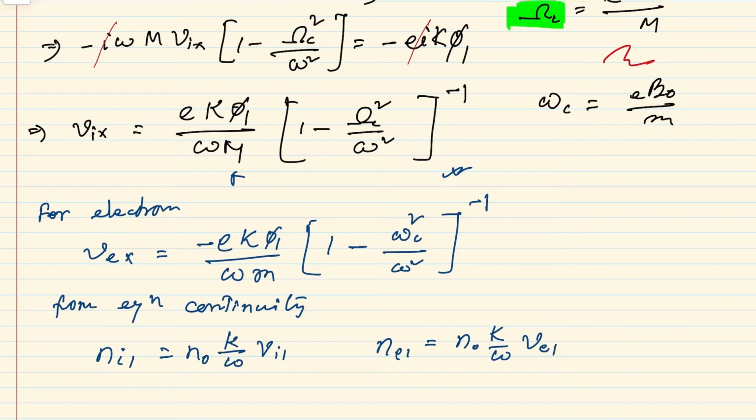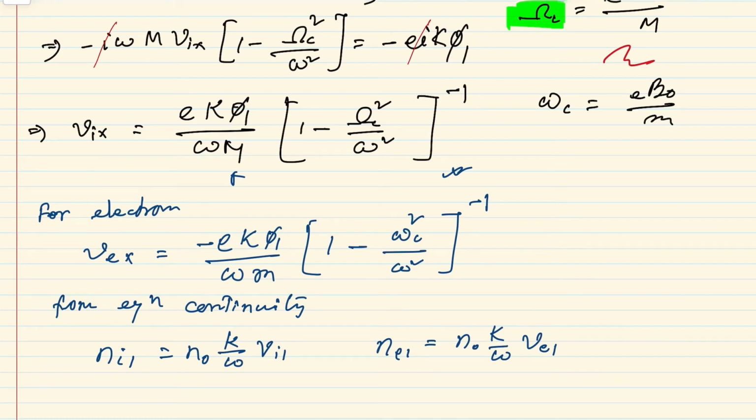Now you see, if you apply the plasma approximation, we know plasma is quasi-neutral, and plasma will remain quasi-neutral if we apply the plasma approximation condition.